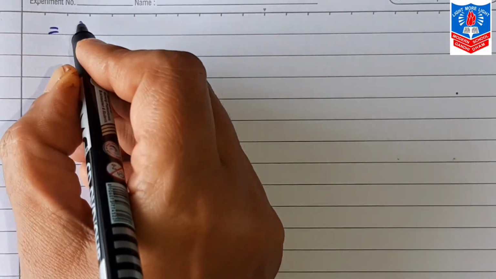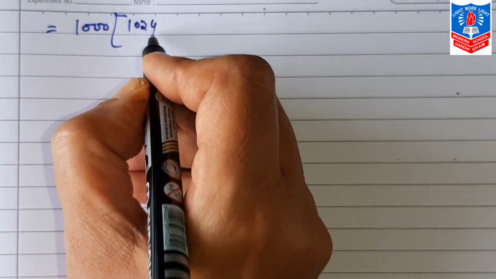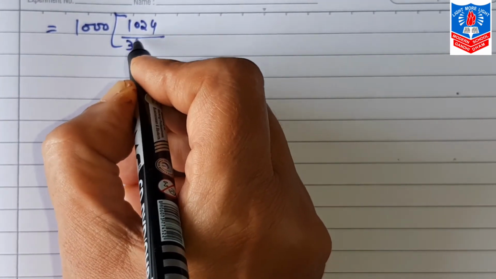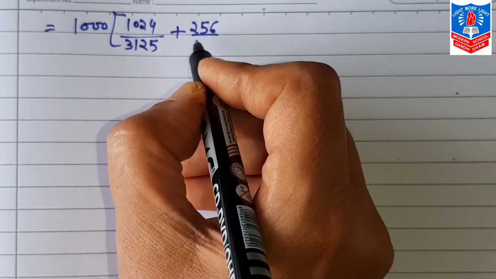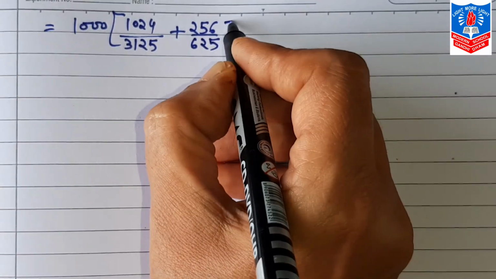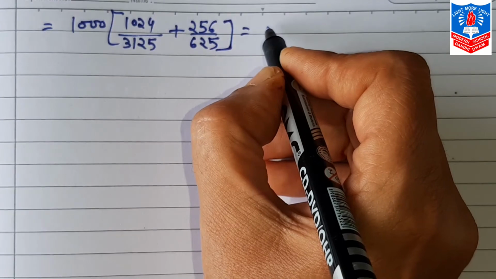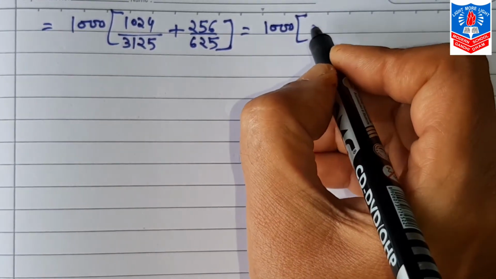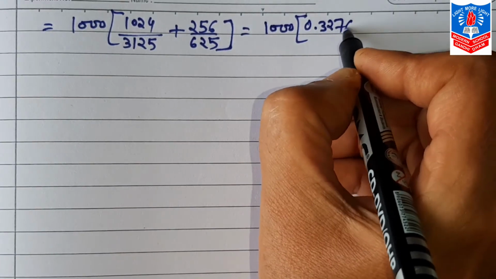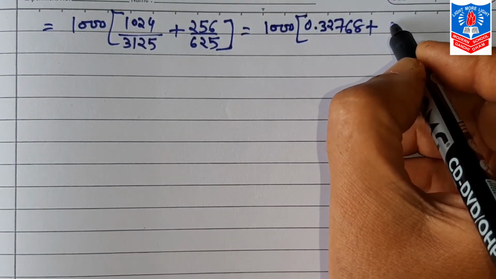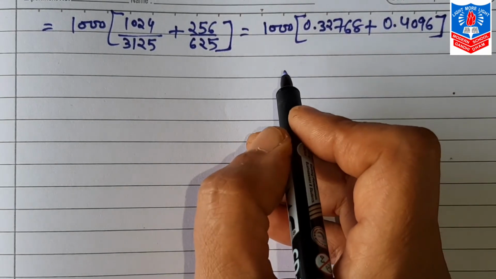When you solve this, what we get is 1000 into 1024 upon 3125 plus 256 upon 625. When you divide this, what we get is 1000 into 0.32768 plus 0.4096.